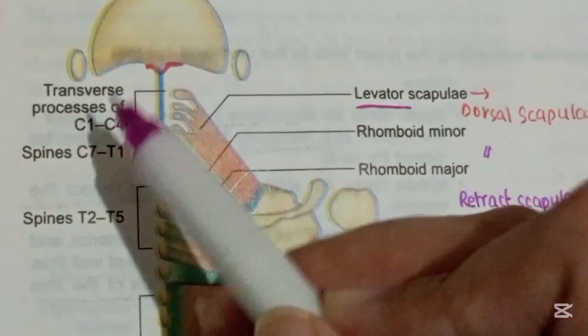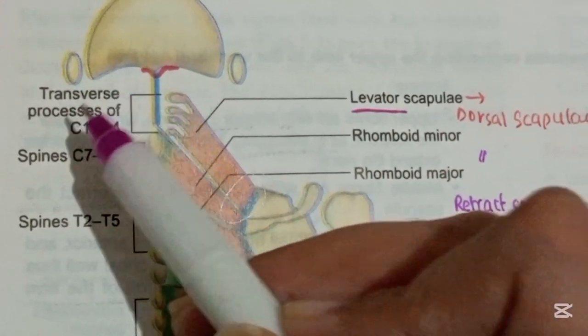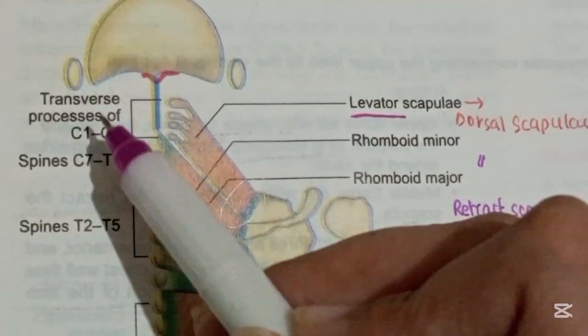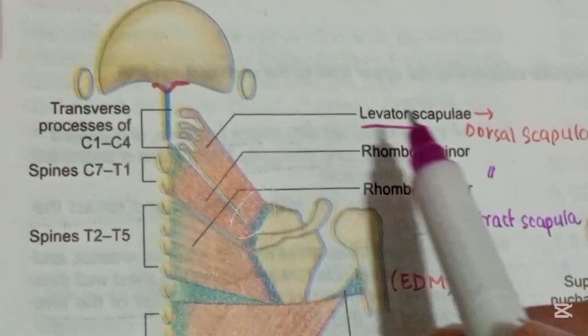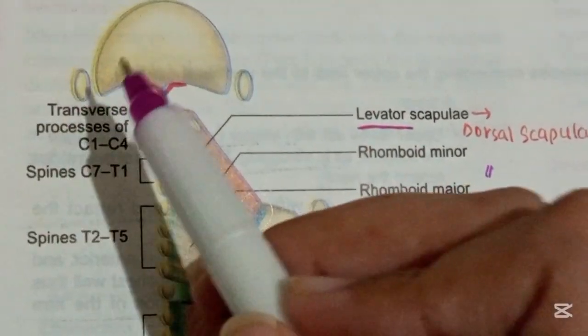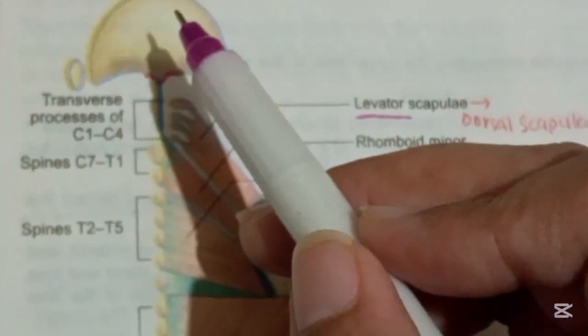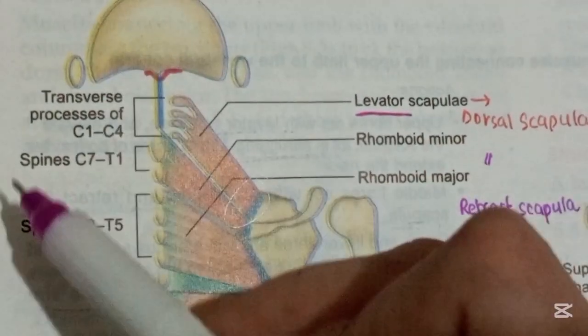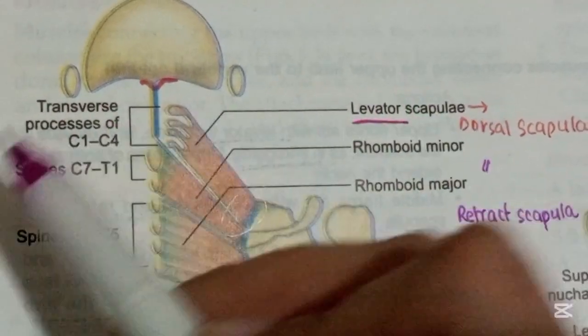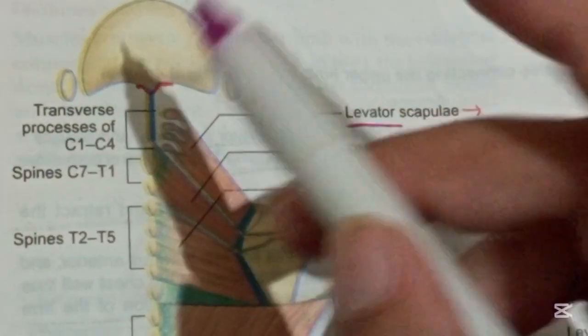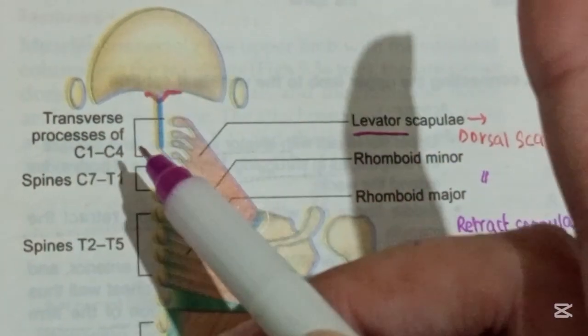It originates from the transverse processes of vertebra, from the posterior tubercles. Our transverse processes of the cervical vertebra have anterior tubercles as well as posterior tubercles. This muscle originates from the posterior tubercles of the transverse processes of the cervical vertebra.